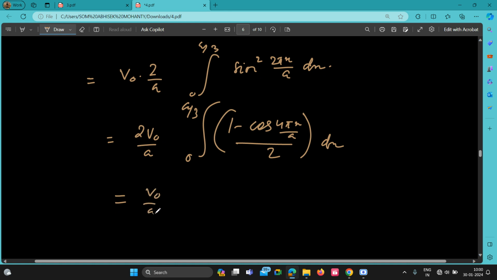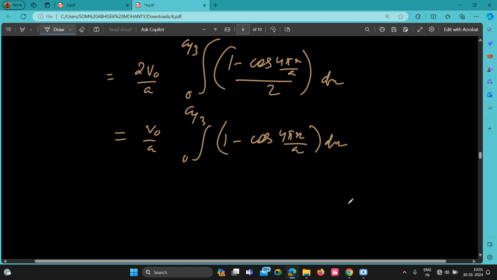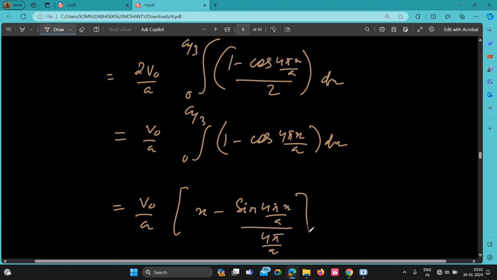V naught by a, integration 0 to a by 3, 1 minus cos 4 pi x by a dx. So V naught by a, now this one is integration x minus sine 4 pi x by a whole divided by 4 pi by a, 0 to a by 3.